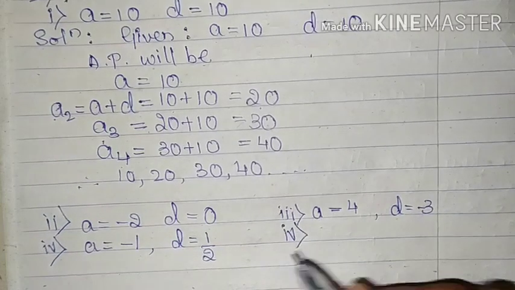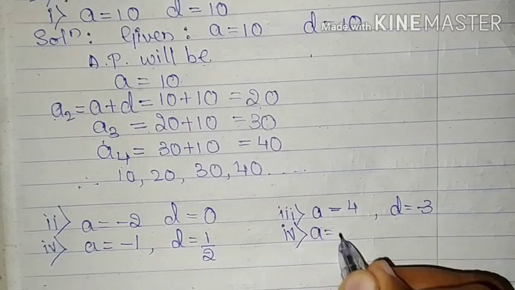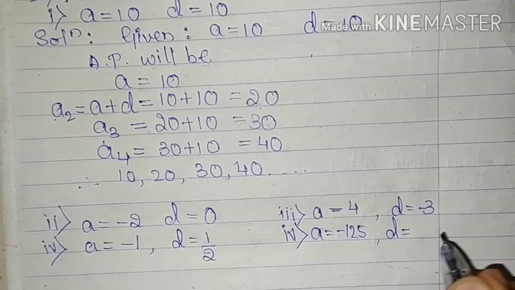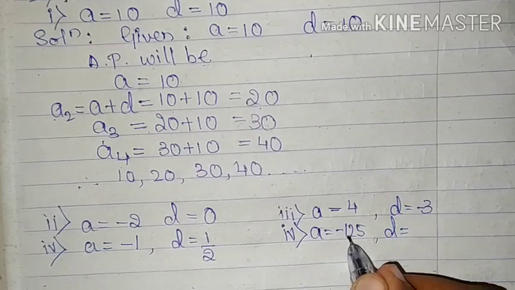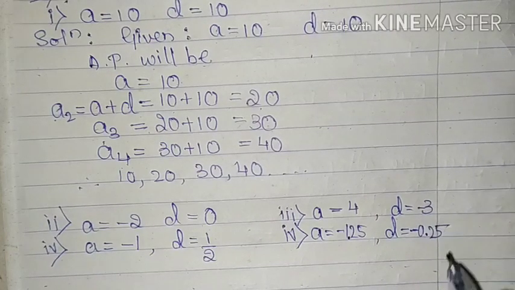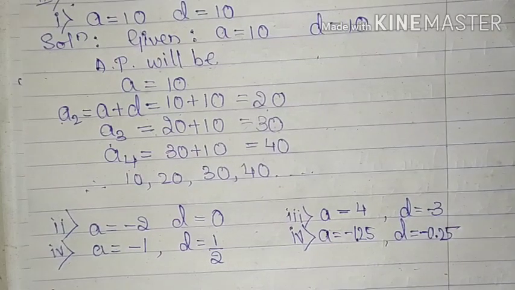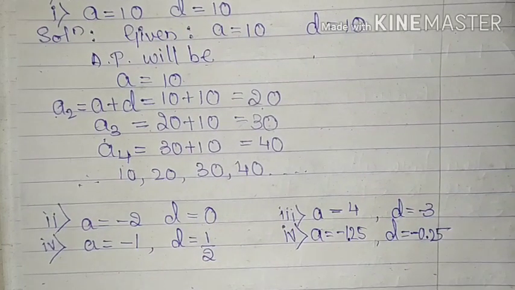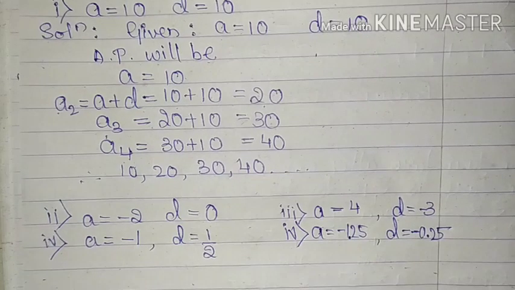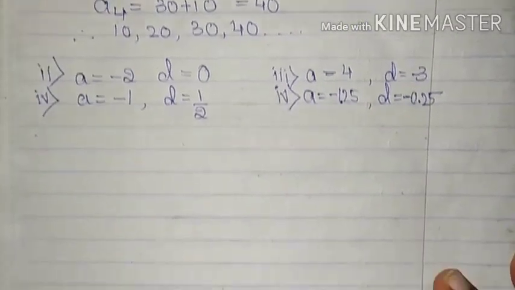Fourth one, A is equal to minus 1.25, D is equal to minus 0.25. Okay, these four sums, pause the video and write the first four terms of these given arithmetic progressions.